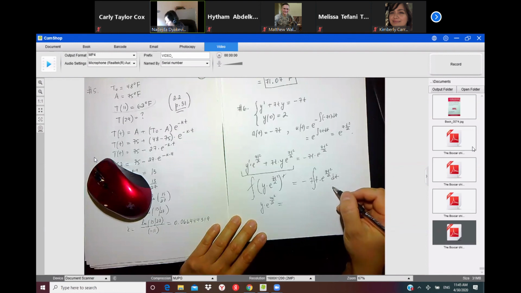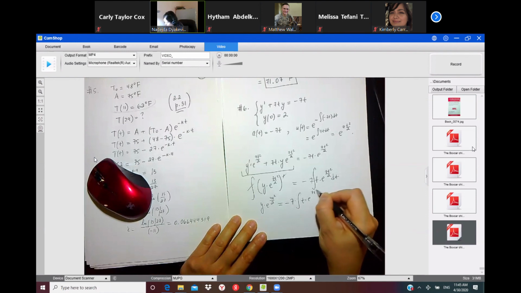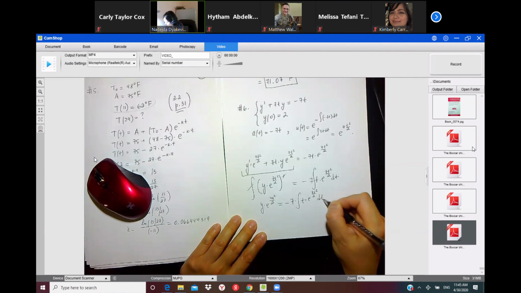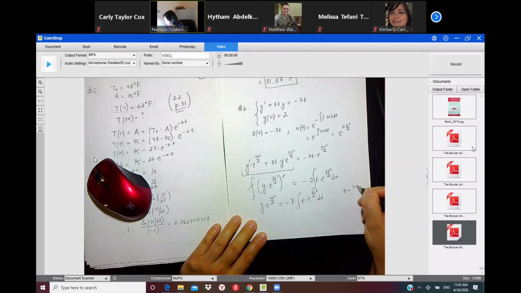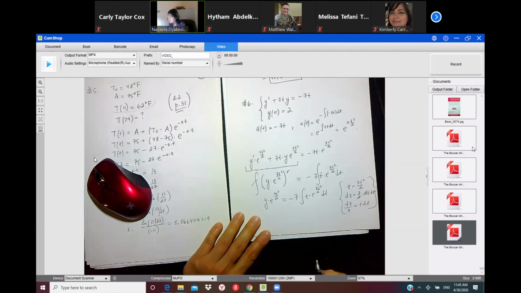On the right-hand side, it looks like we have to do substitution here, because this exponent is a quadratic function. So let's say z is 7t squared over 2, which means dz is 7 over 2 times 2t dt, and dz over 7 is equal to t dt. Do you agree with this so far?